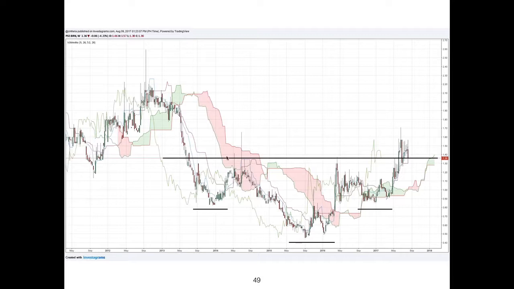So at this point, when the left shoulder and the head was forming, it was still below the kumo. So this was still bearish. And the kumo was also very thick. The only time that the price became bullish was at the right shoulder, this area, because prices started to trend up above the kumo and resulted in a breakout.